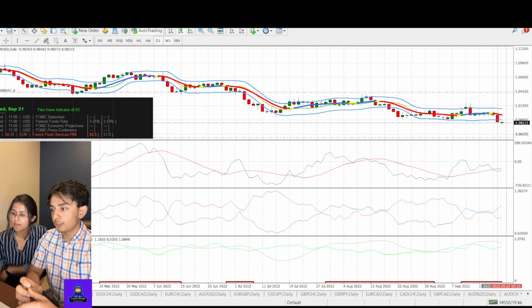You would enter a long position if you think price is going to go up, which you would only do in uptrends. If you are in a downtrend and think price is going to go down, you would enter a short position.